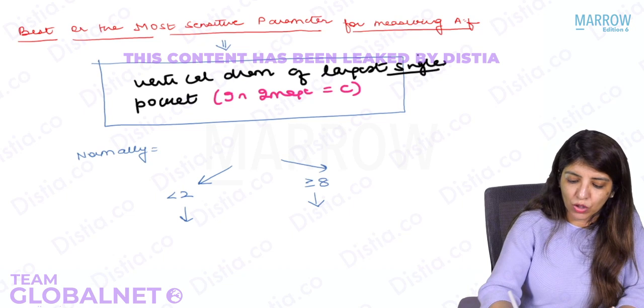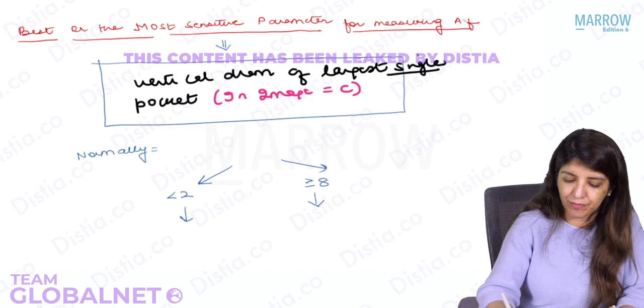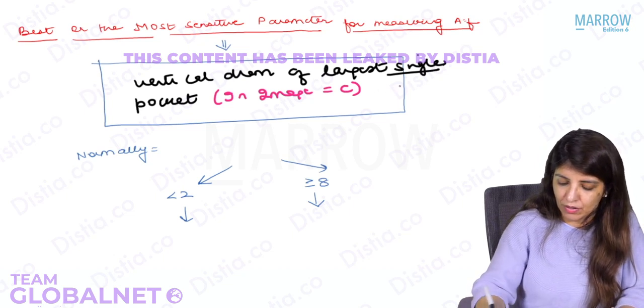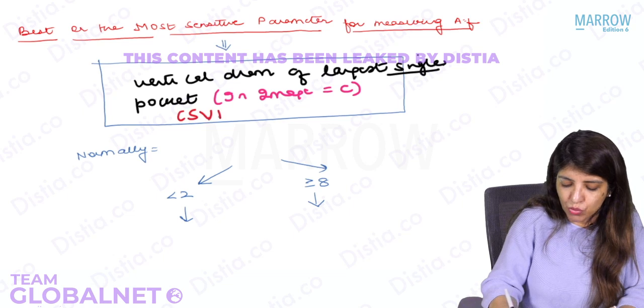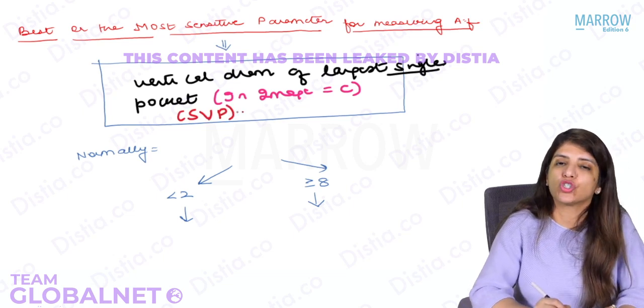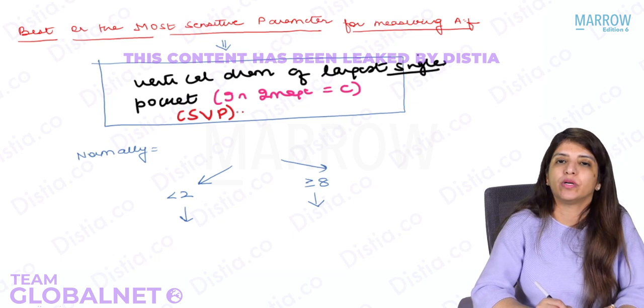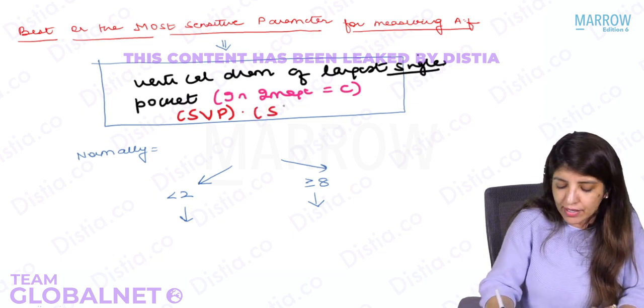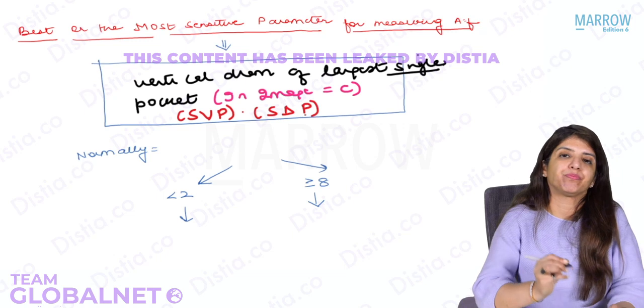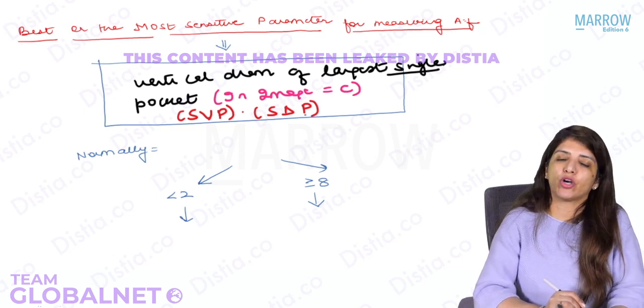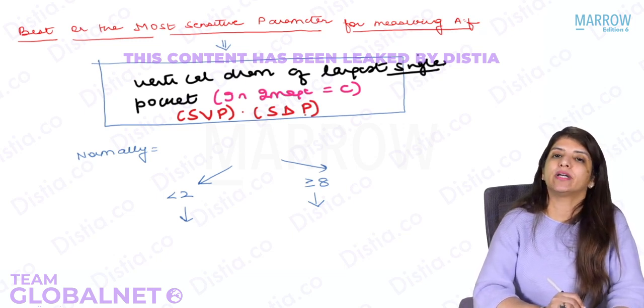Right? That is what is called single largest vertical pocket, SVP. In short, you are going to write single largest vertical pocket or single deepest pocket.